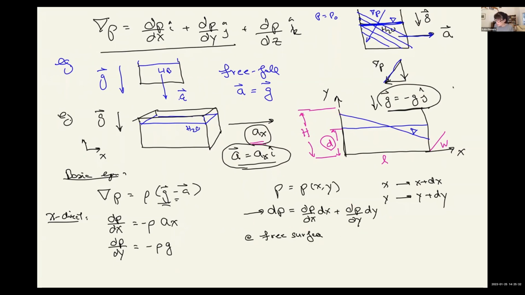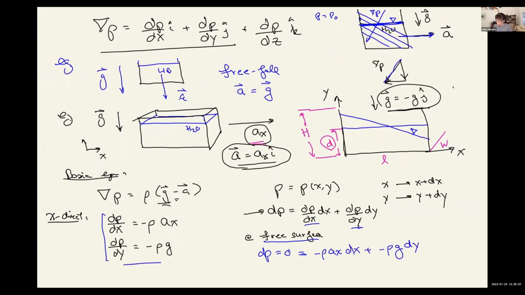And along the free surface, as I mentioned earlier, the pressure is going to be constant. So at the free surface, dp is equal to 0, which is equal to, now we can replace the components with what we've got here. So partial p partial x is minus rho a_x, and then we have dx, plus partial p partial y is here, minus rho g, and then we have dy.